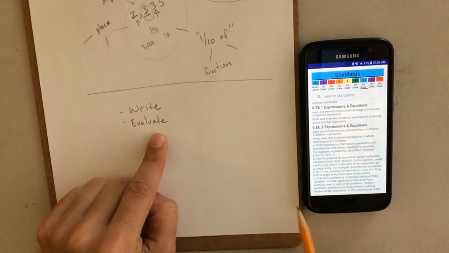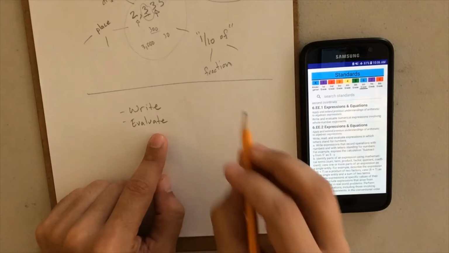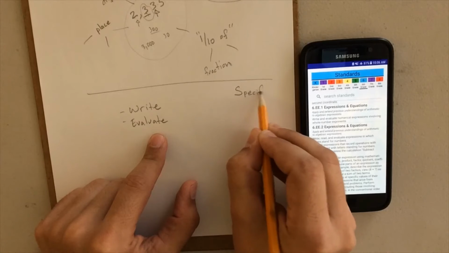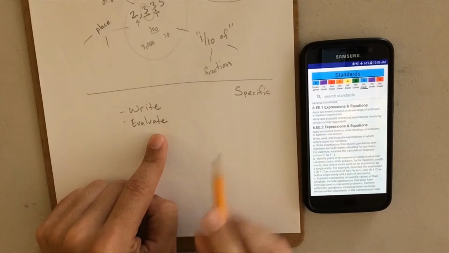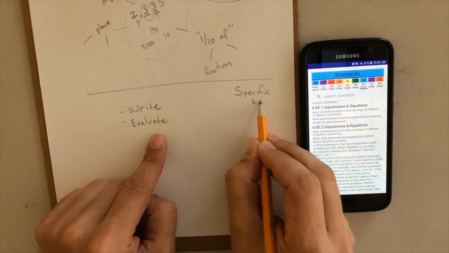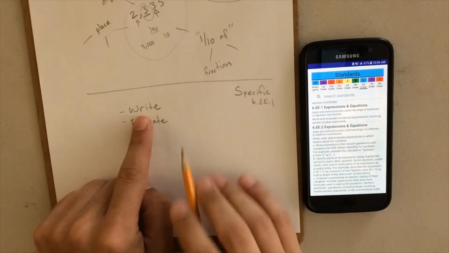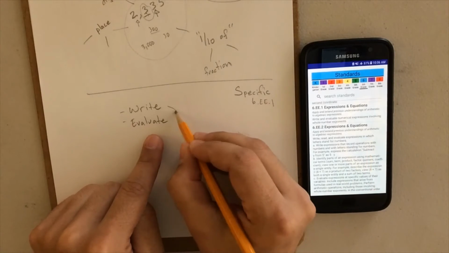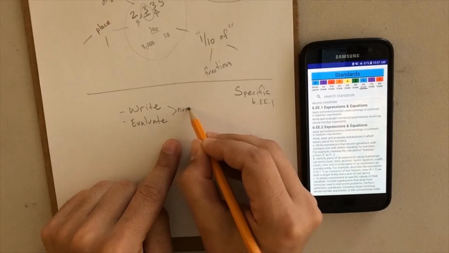Now, our SMART goals are going to need us to be very specific about what our goal is going to be. In this case, we're focused on a particular standard. So we're going to focus on 6EE1, writing and evaluating numerical expressions, all right?